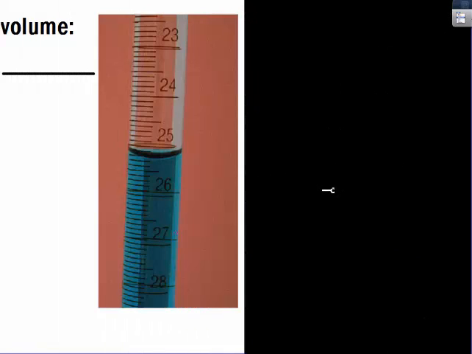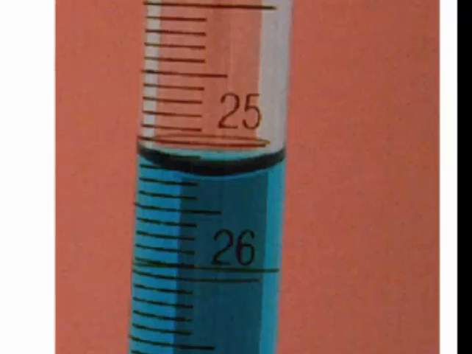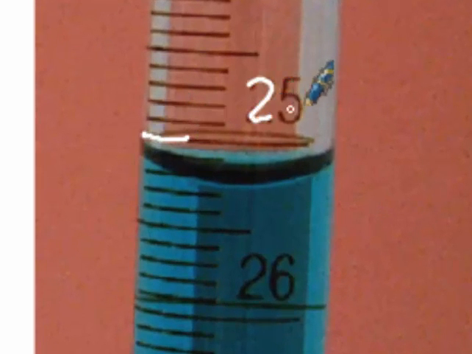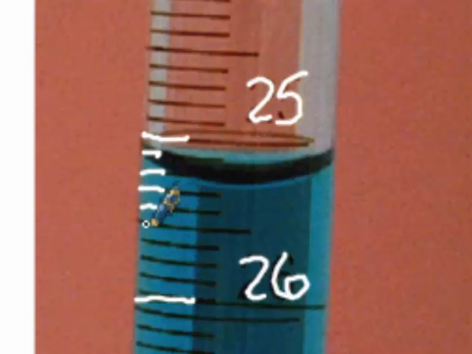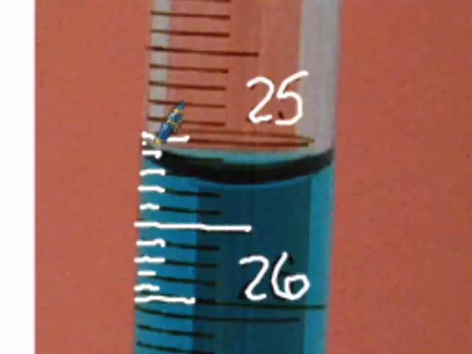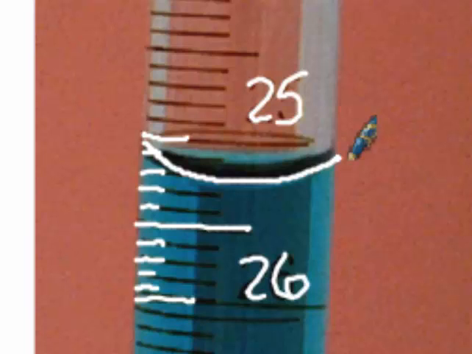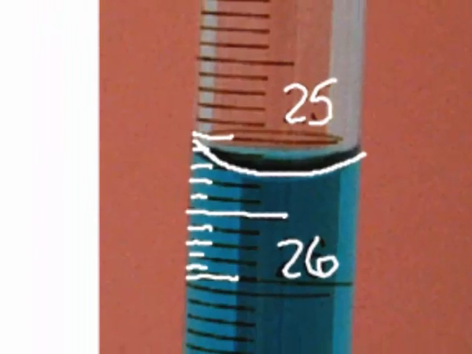Let's look at reading the volume of this burette. We know this one is 25 and this tick mark is 26. So if we were to read it, we know that it's between 25 and 26.